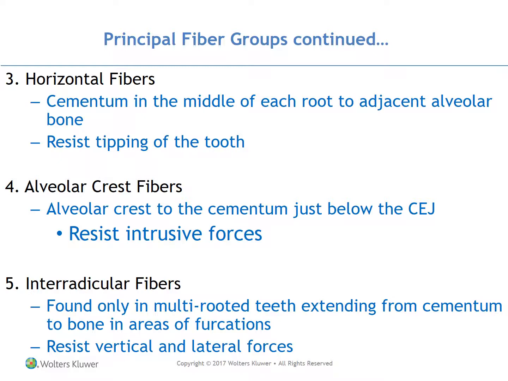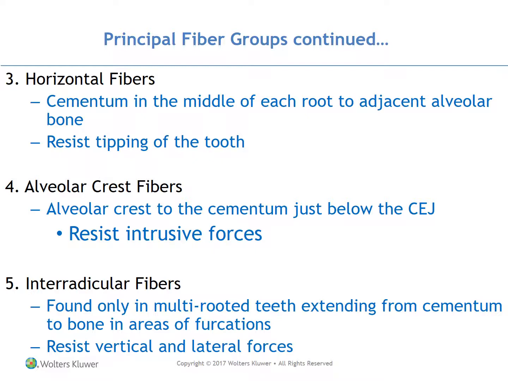Then we have our intraradicular fibers, and these are found only in multi-rooted teeth. So inter, within, right? Radicular, just think of within the roots, okay? Extending from the cementum to the bone in the areas of the furcation.